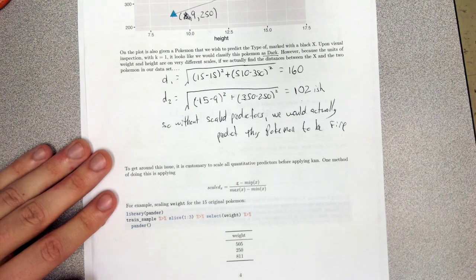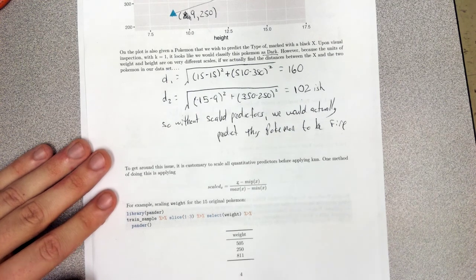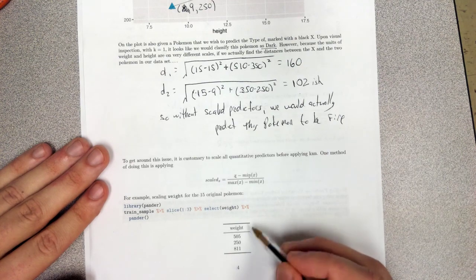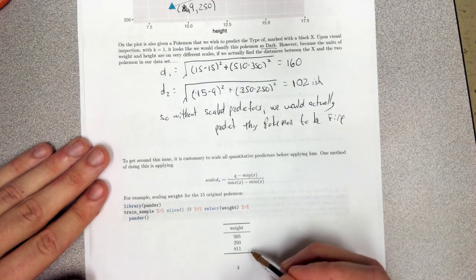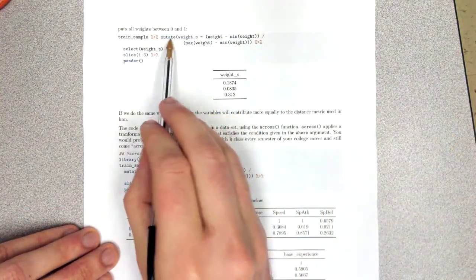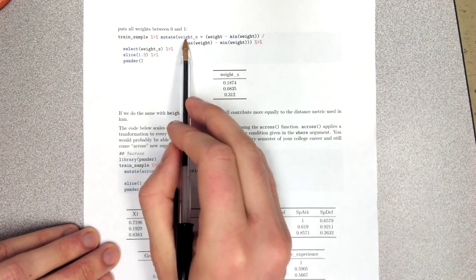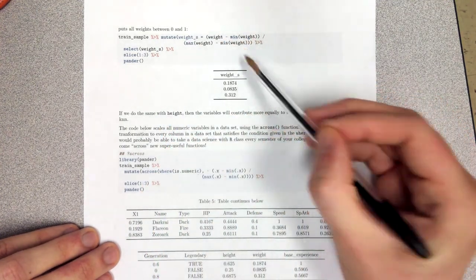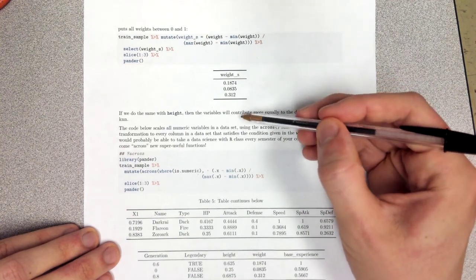You'll get some practice seeing this in the .rmd file that goes along with this. You could take a look to see weight right now is in the hundreds if you just look at the first 3 observations. You could use a mutate statement to create this new variable, weight scaled, and then using that formula above, now you see that all the weights are between 0 and 1.